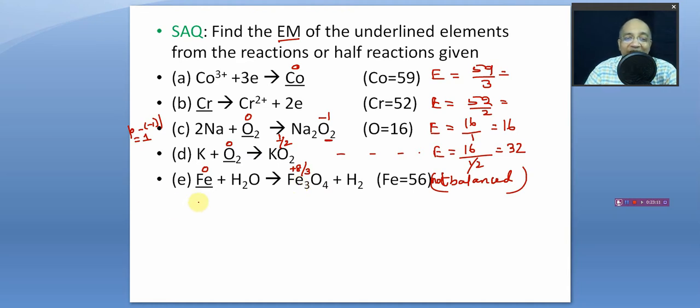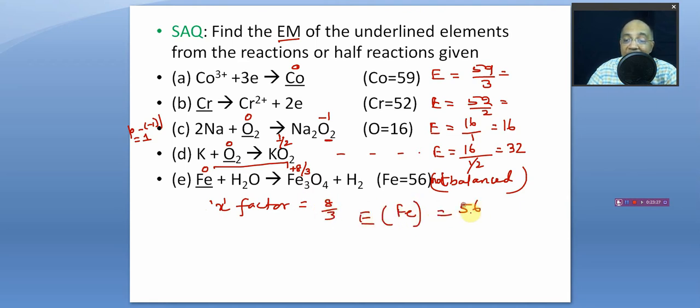Right? So the change is 8/3. So the factor, the valency factor, the n factor as we sometimes call it, is 8/3. So the equivalent mass of iron in this particular reaction is 56 divided by 8/3.